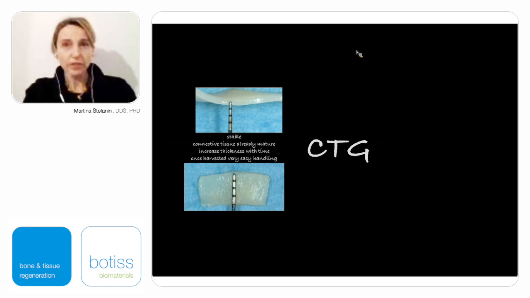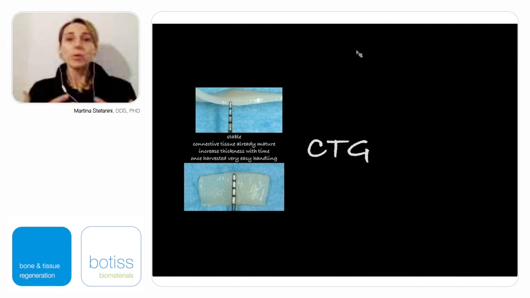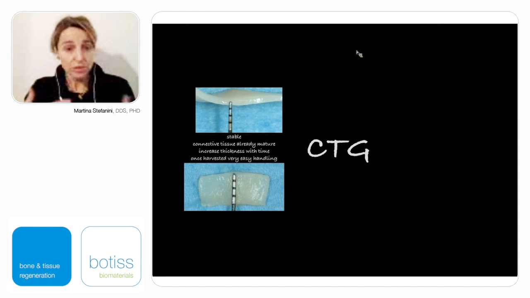Connective tissue graft harvested from the palate is the best material we can have because it's already mature, it's already stable, and if harvested with the desepithelialized free gingival graft technique, it is able not only to increase the thickness of the soft tissue immediately after the surgery, but the connective tissue is able also to increase the thickness with time. And once harvested, it's very easy to handle.